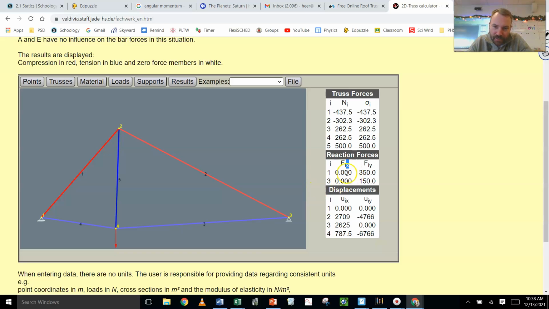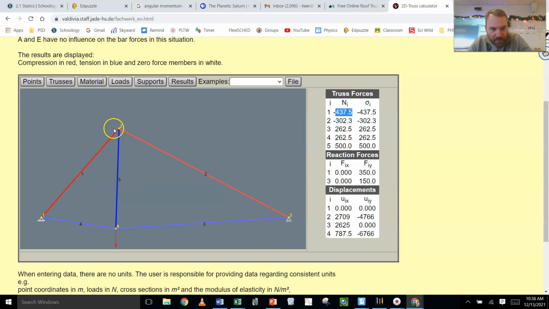The X means left and right, so there's no force left and right, and there's an upward force of 350. So this is supporting 350. And then this is the Y at 3, so there's an upward force of 150 right there.